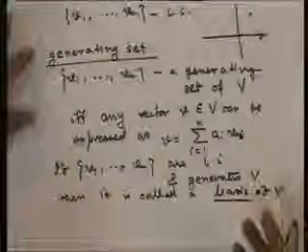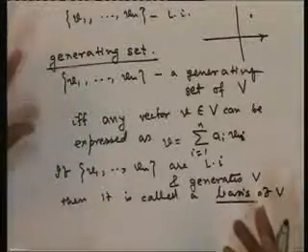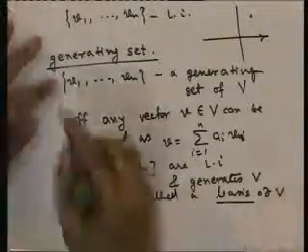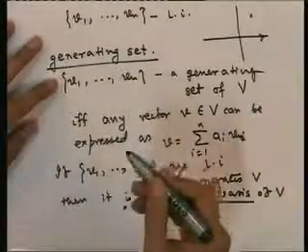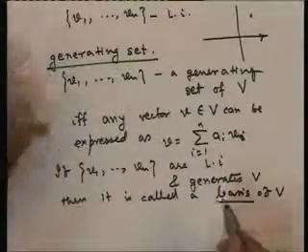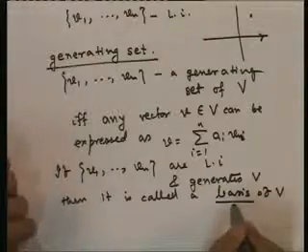We have seen what is a linearly independent set of vectors. Just now we have also seen what is a generating set of a vector space, and then we have defined a basis to be a set of vectors such that it is linearly independent as well as it generates the vector space.